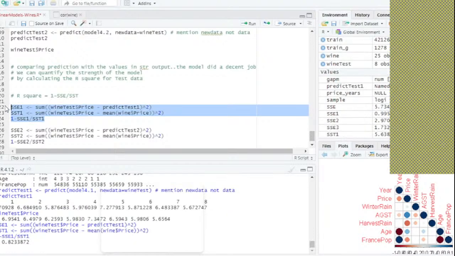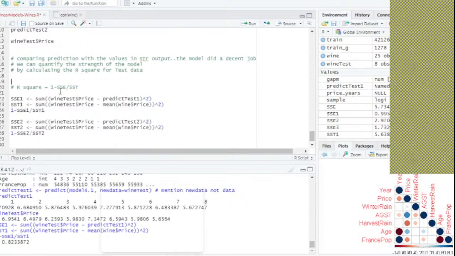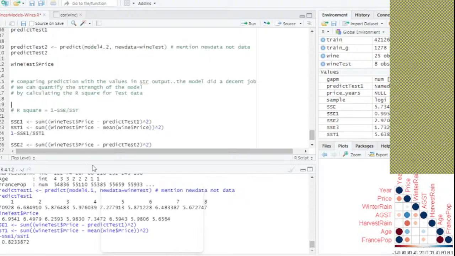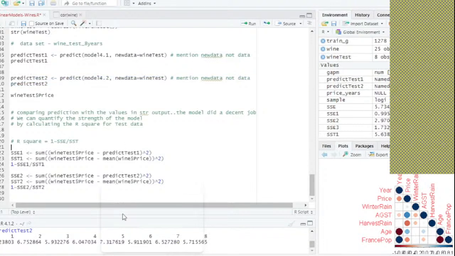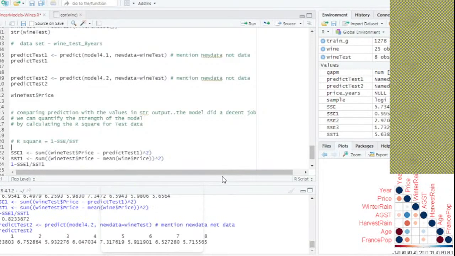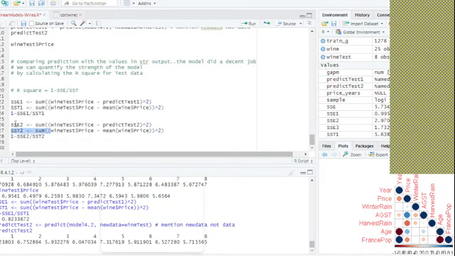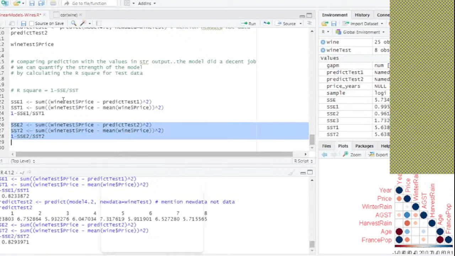If I look at the SSE or R square of this, 1 minus SSE upon SST, lines 222, 223 and 224, you'll see my R square is 0.8233.